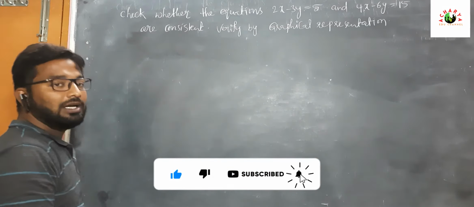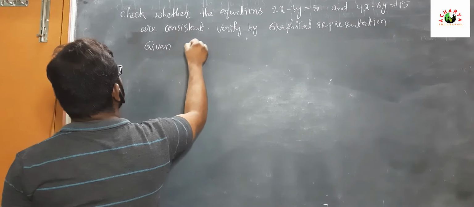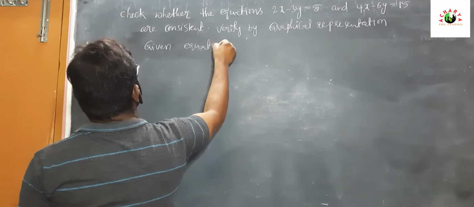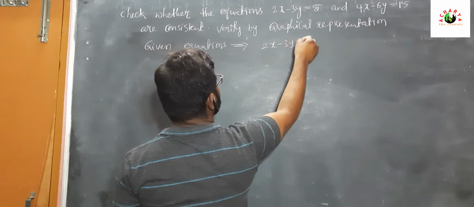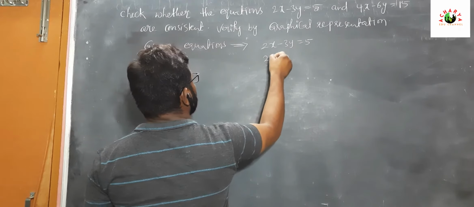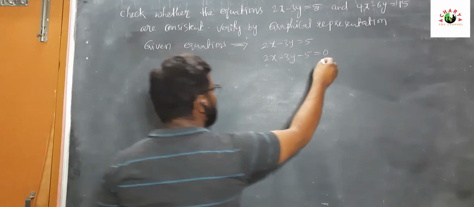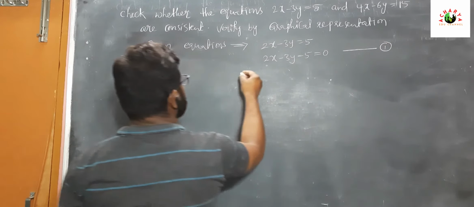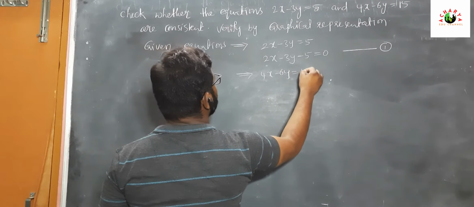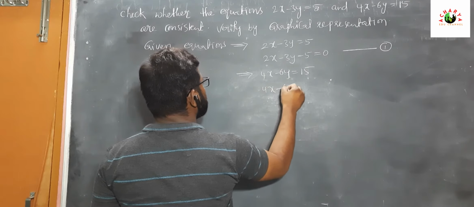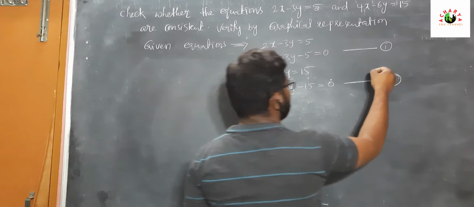That implies 2x minus 3y minus 5 equal to 0, this is equation number 1. And the second equation, 4x minus 6y minus 15 equal to 0, this is equation number 2.